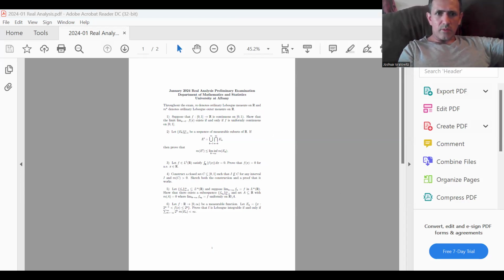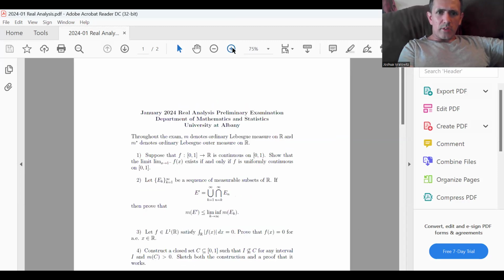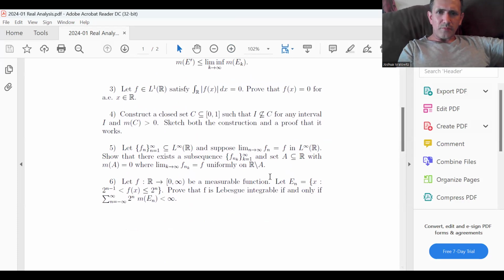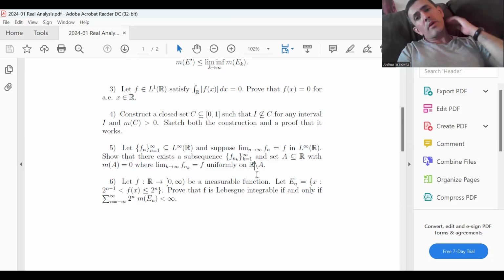It's number 5. So this problem here, there was the last homework problem on the final homework.